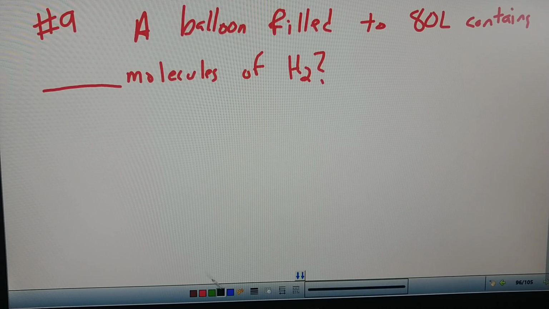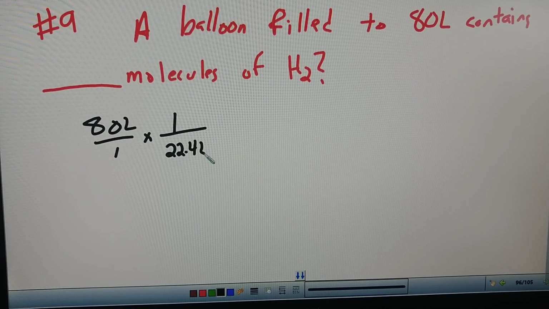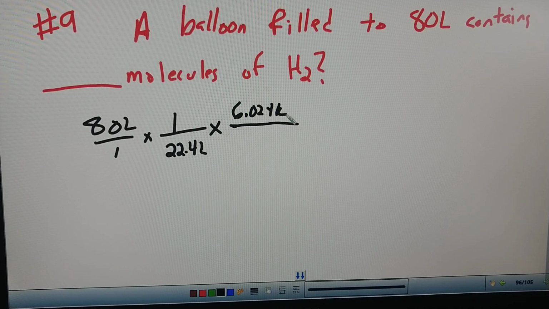Okay, let's answer it. Same thing, 80 liters is what we're given, times 1 over the proper number. The proper number for liters is 22.4 liters. Times, we're looking for molecules. What's the proper number for molecules per mole? 6.02 times 10 to the 23rd over 1.